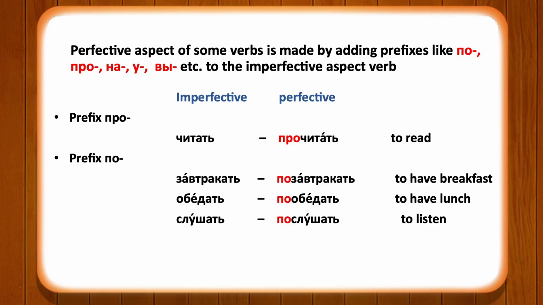As you can see, the imperfective verb chitach has a perfective aspect counterpart as prachitach. So a prefix pra is added to the imperfective verb chitach to make the perfective aspect verb prachitach.